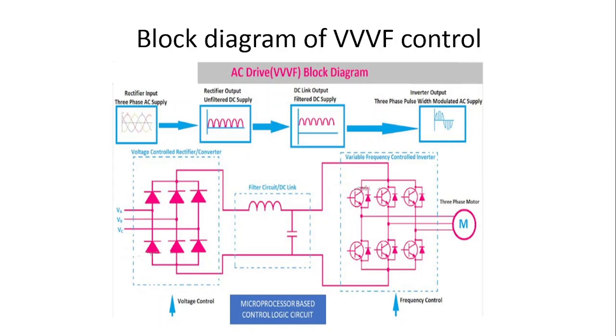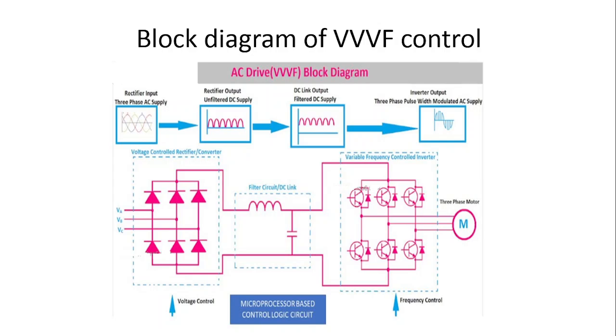So the main purpose of the intermediate DC link is to filter the ripples, store the DC power, and then deliver the DC power to the inverter unit.